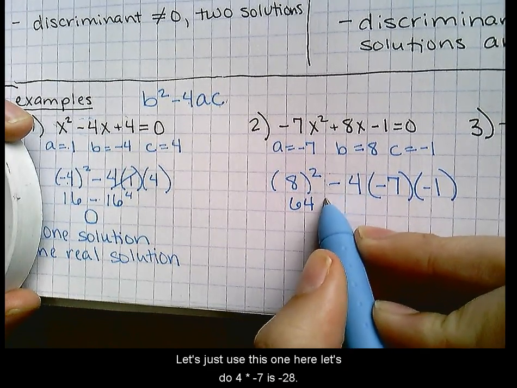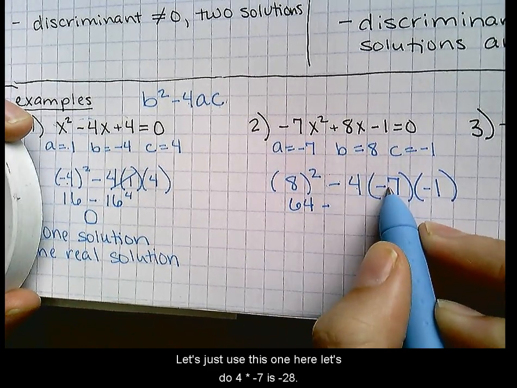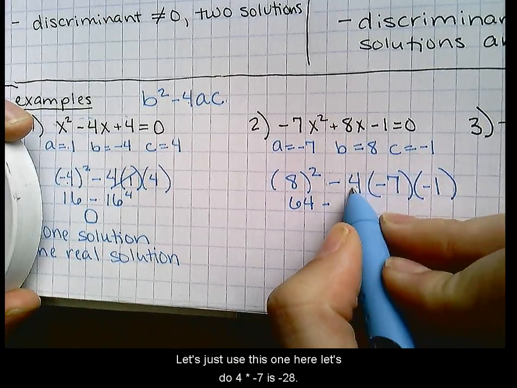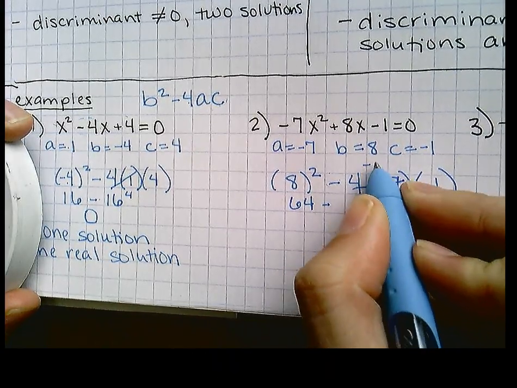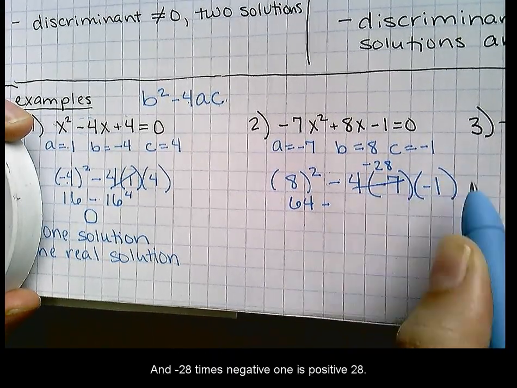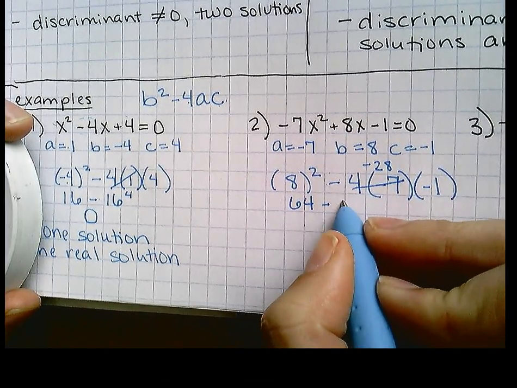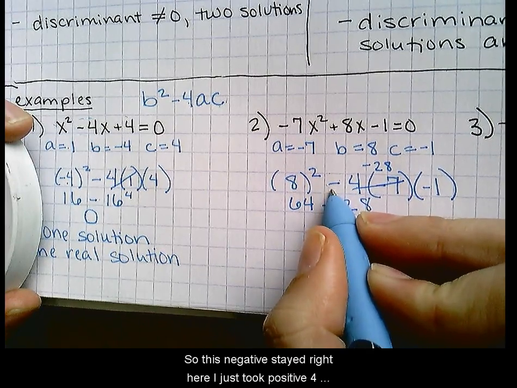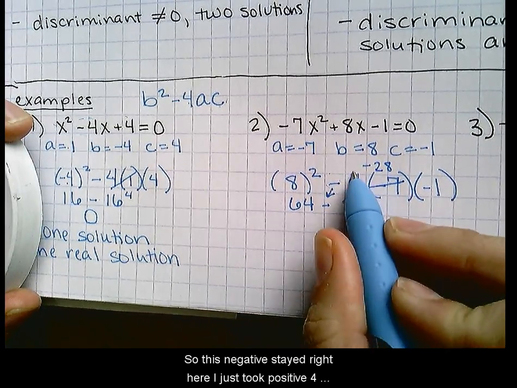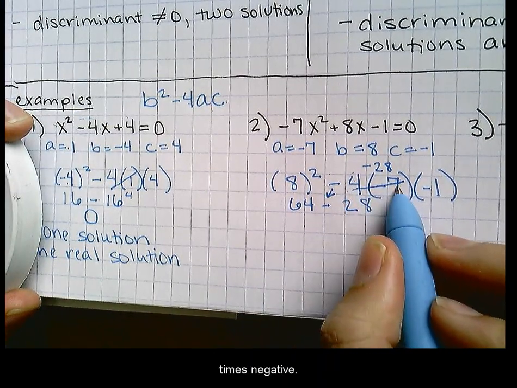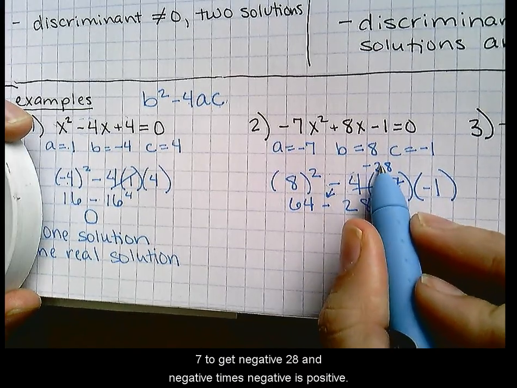Let's just use this minus here. Let's do 4 times negative 7 is negative 28. And negative 28 times negative 1 is positive 28. So this negative stayed right here. I just took positive 4 times negative 7 to get negative 28.